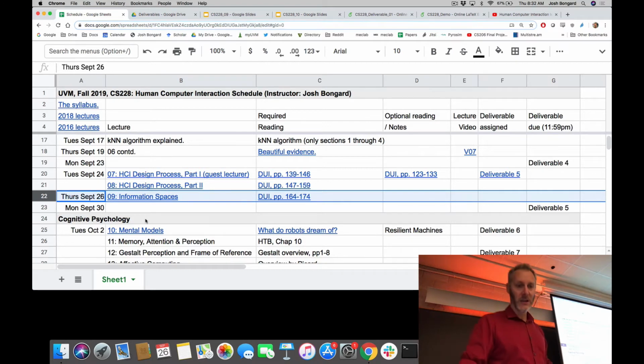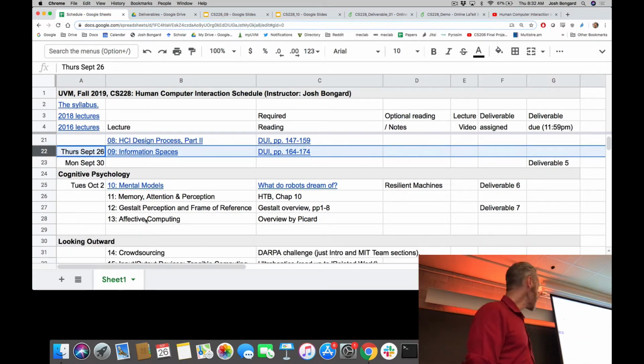Okay, we will then switch gears and perhaps starting today, but mostly next week, we'll be talking about cognitive psychology. Obviously, we could spend a lot of time talking about that. We're going to touch on just various aspects of cognitive psychology that are relevant for HCI design. We'll start, as we usually do, with some of the more objective or the more easy aspects of cognitive psychology to understand, like mental models.